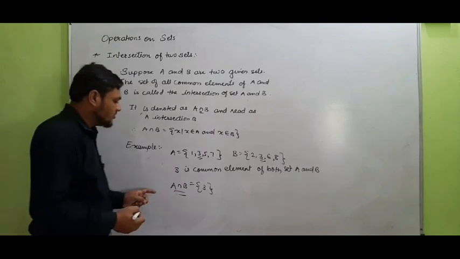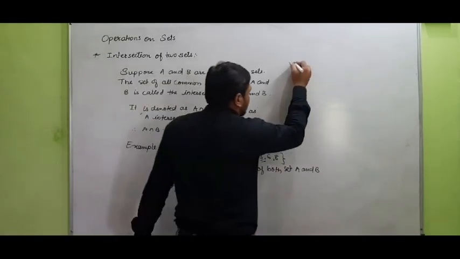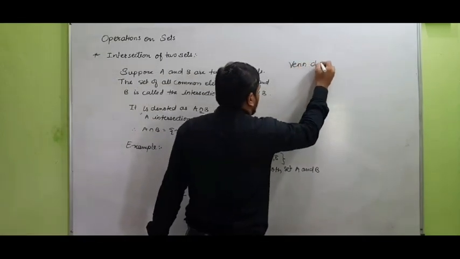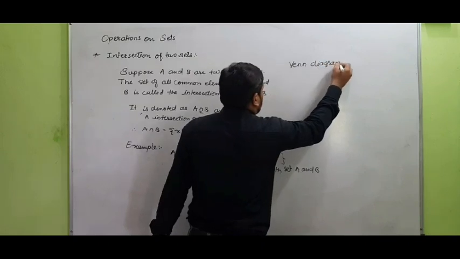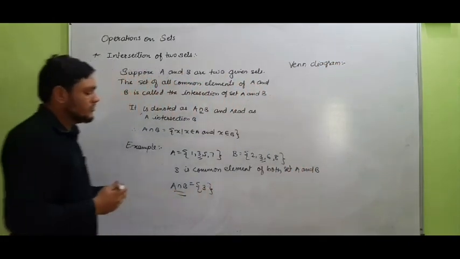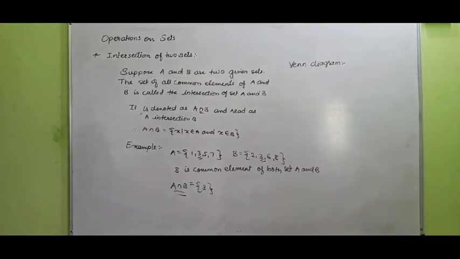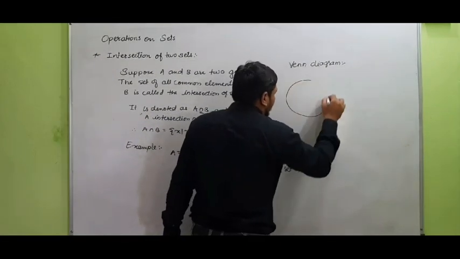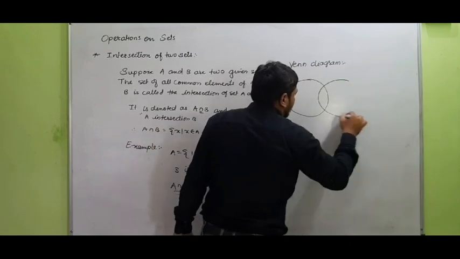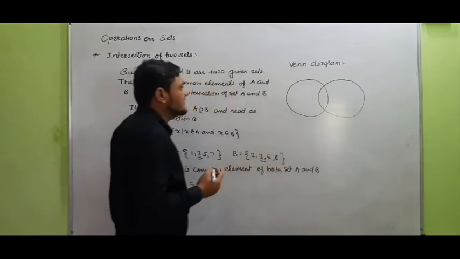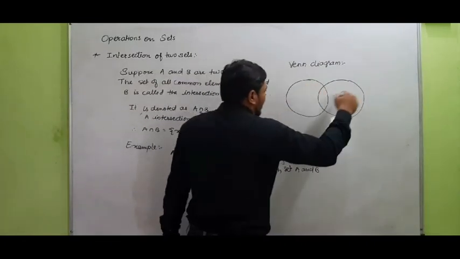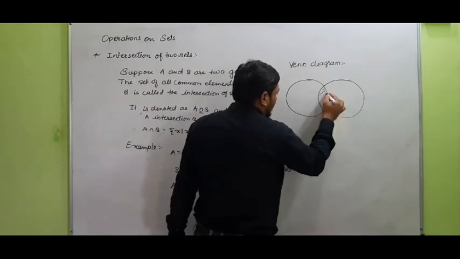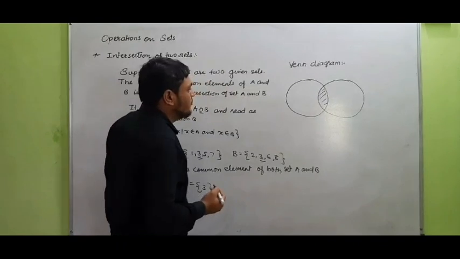Students, we can also show this by a Venn diagram. Let's see the Venn diagram for both sets. We take two sets, A and B. These two diagrams intersect each other here. This is the common part, the intersection of both diagrams.